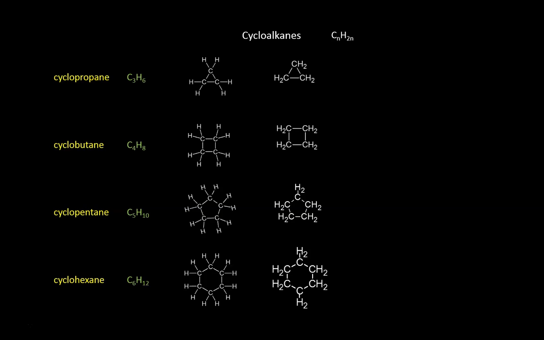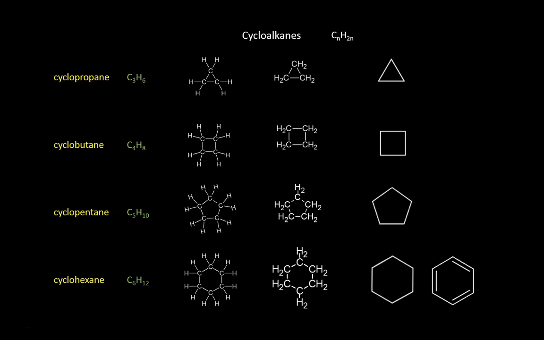The simplest and most common way of representing them is by line diagrams like this: triangle, square, pentagon, hexagon. The last two are by far the most commonly occurring. One note: don't confuse this saturated hexagon with benzene, which has double bonds.